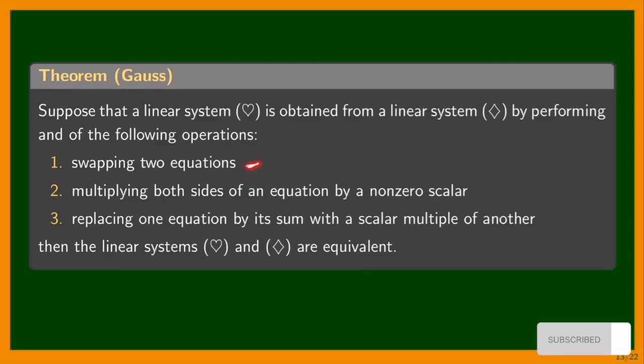Let's say you swap two equations. Or let's say you multiply a non-zero scalar to both sides of the equation. Or let's say you replace one equation by its sum with a scalar multiple of another.